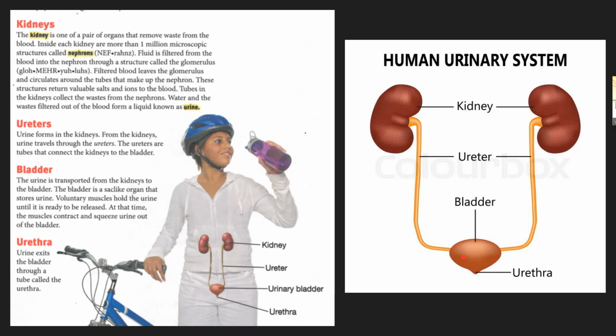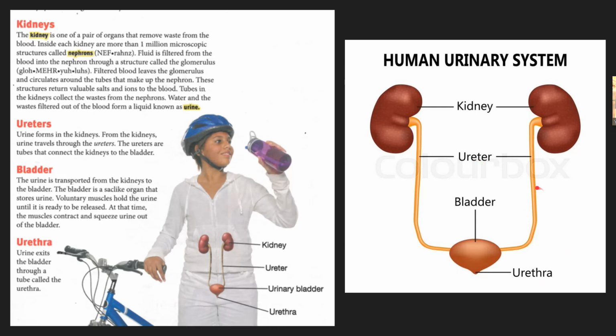So the bladder stores the urine. So as soon as urine is produced, right, a person doesn't just immediately go to the bathroom, right? The bladder stores the urine, and when it starts to fill up, then a person feels like they have to go to the bathroom, and then the urine comes out through the urethra, right? So make sure you know the difference between these two terms, ureter and urethra.